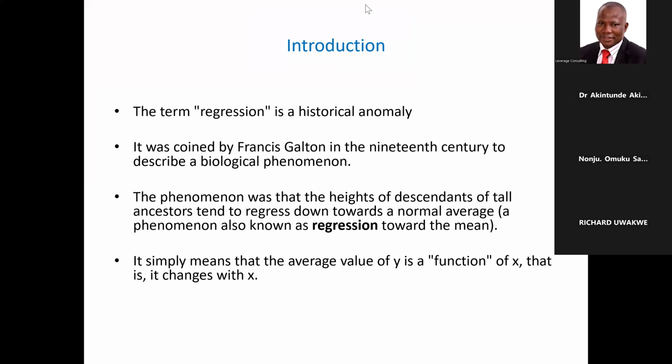It was coined by Francis Galton in the 19th century to describe a biological phenomenon. The phenomenon was that the height of descendants of tall ancestors tend to regress down towards a normal average, a phenomenon also known as regression toward the mean.